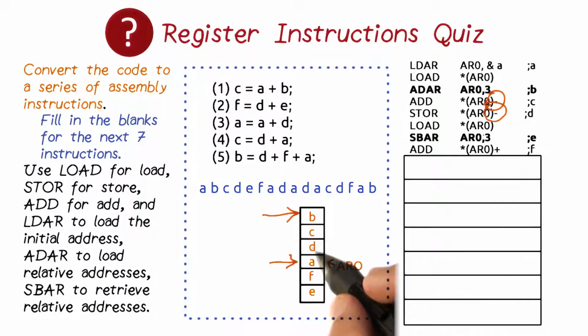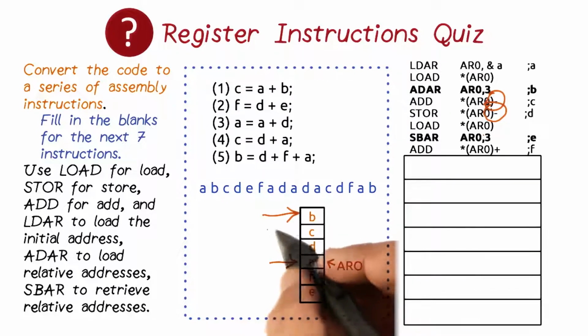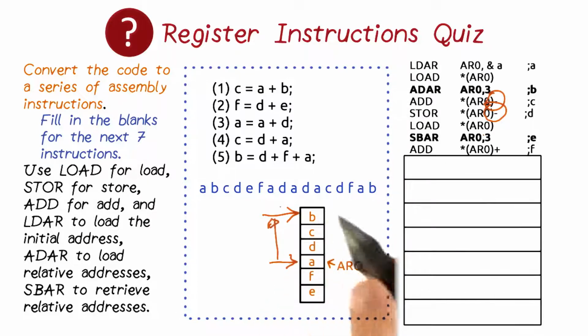You can see that the number of locations is 1, 2, and 3. So B lies at an offset of 3 with regard to A, and that is why we generated the ADAR instruction, which adds 3 to the address register, and now it points to B.